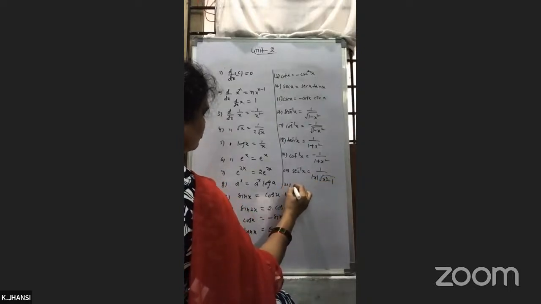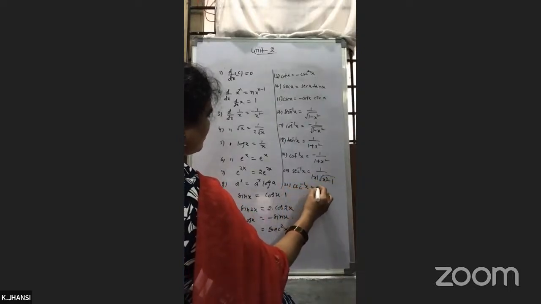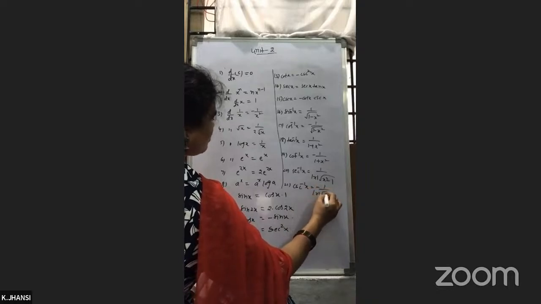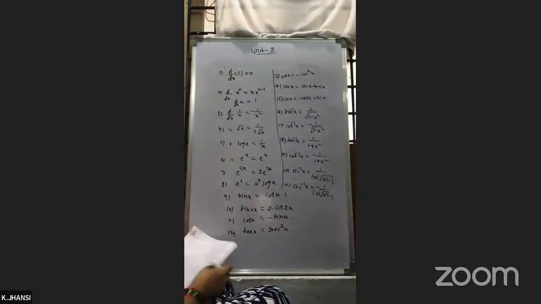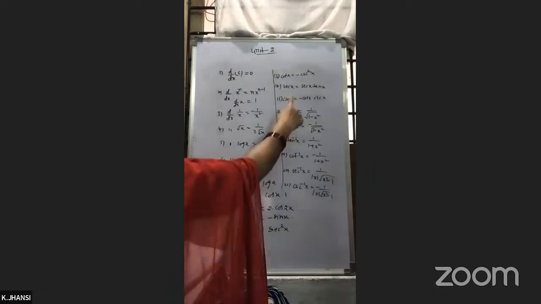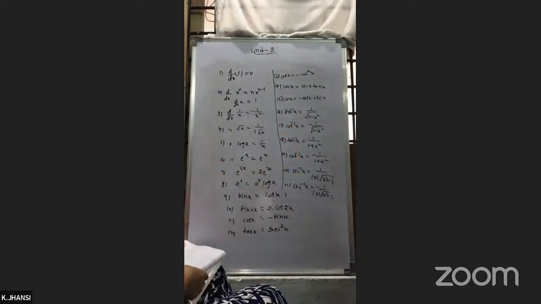For cosecant inverse x, minus 1 by mod x under root of x square minus 1. Okay. Almost I have covered all the formulas. These are the trigonometric functions, and these are the inverse trigonometric functions. In the next unit, we have the hyperbolic functions. Hyperbolic functions means instead of x, we'll write hx.